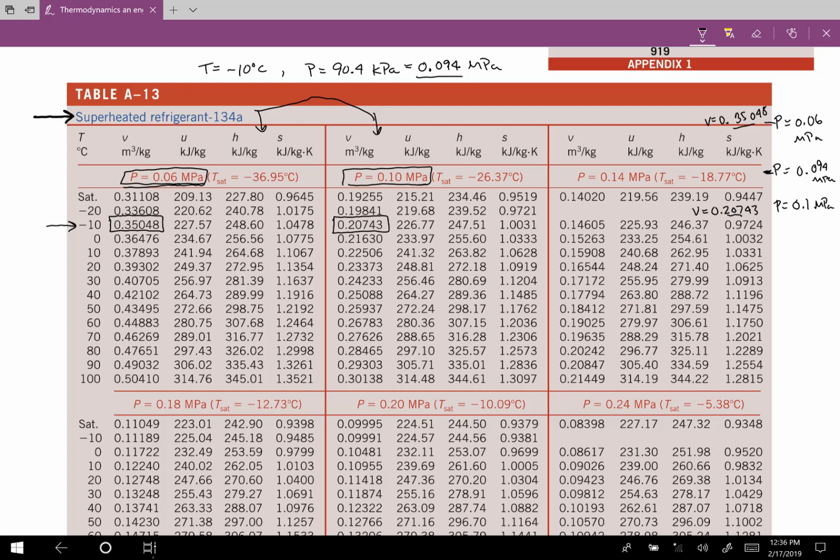And we know that it has to be closer to 0.20743 because 0.094 megapascals is closer to 0.1 than it is to 0.06. So there's a difference between these two of approximately 0.03, and between these two of approximately 0.01.